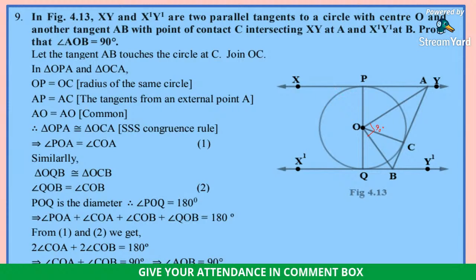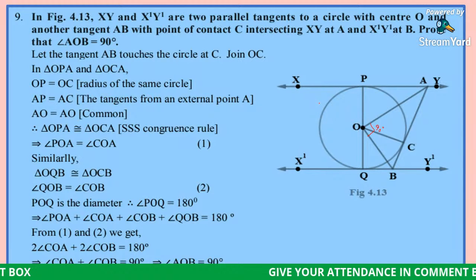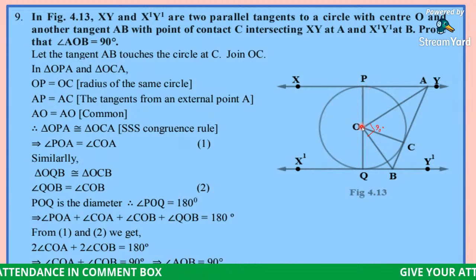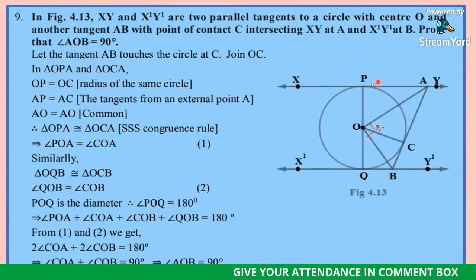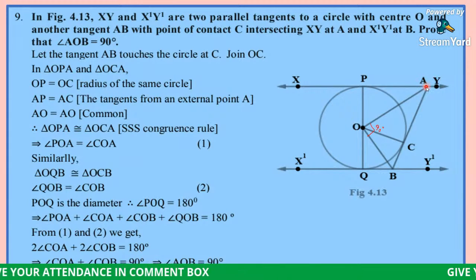If you observe the figure, for a given circle, OP and OQ are the radii, and AP and AC are the tangents drawn from external point A, right?